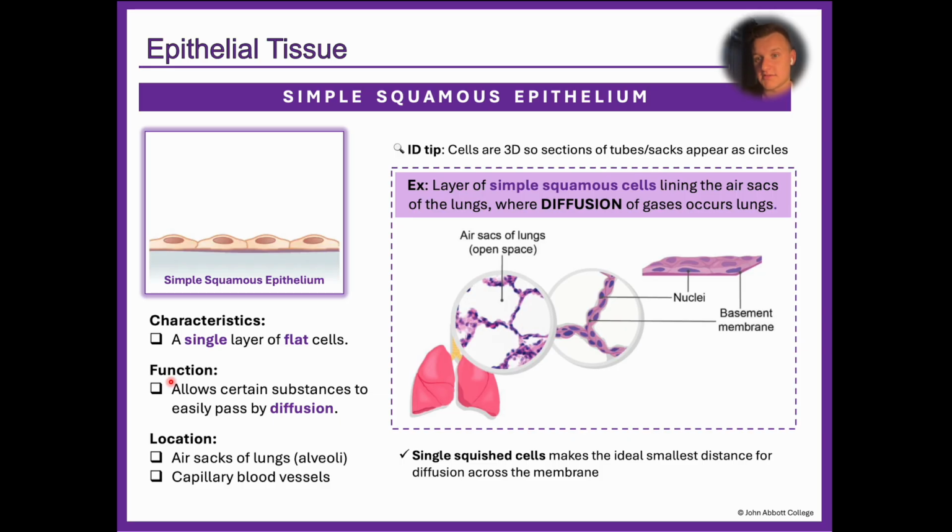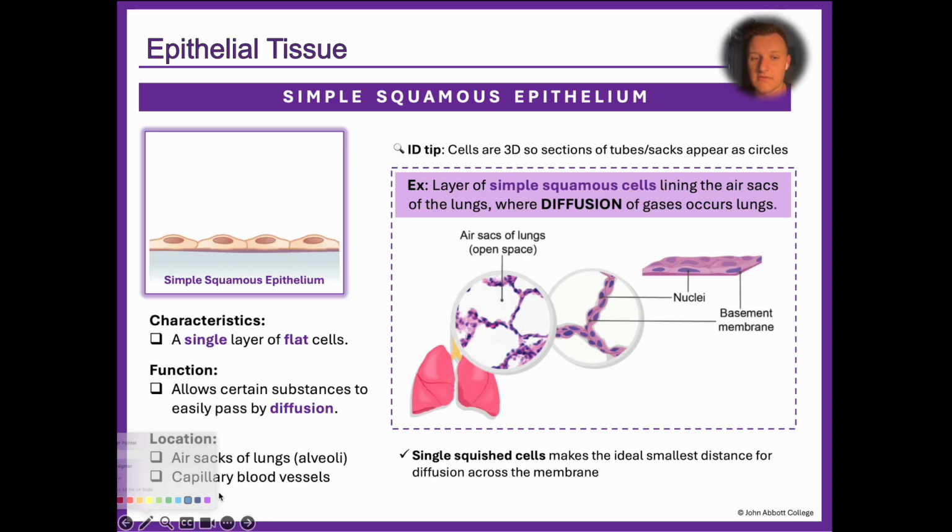I'm not going to necessarily be teaching or be a dentist, right? So what your tissue looks like reflects its function. So the function of this tissue is that it allows certain substances to easily pass through by diffusion.